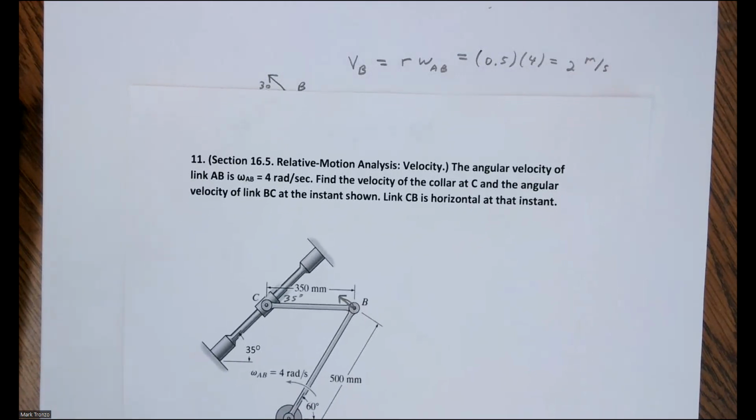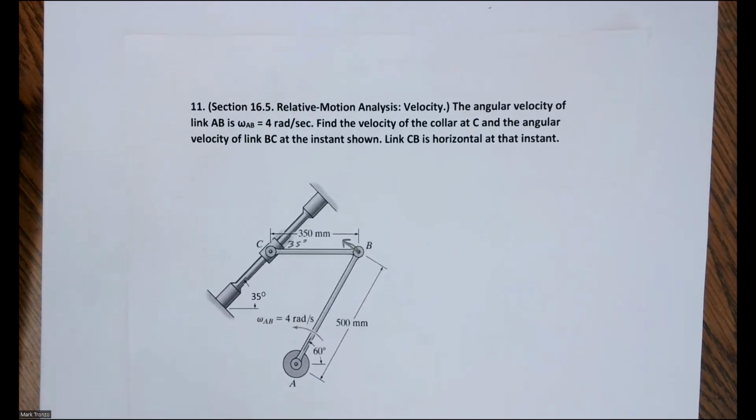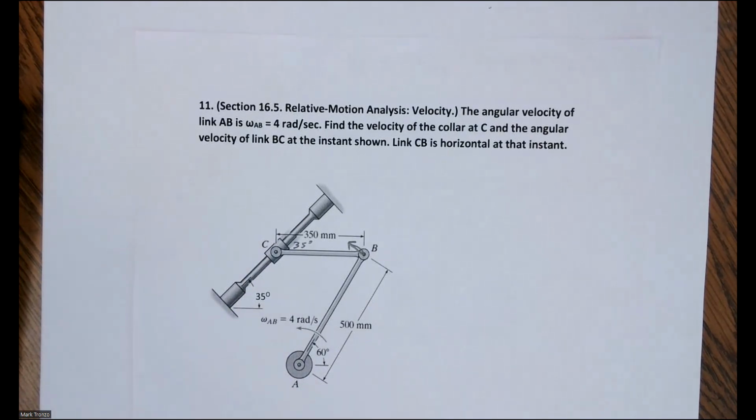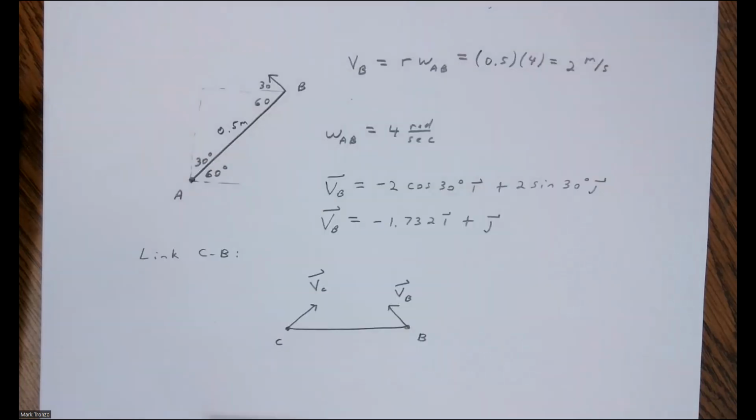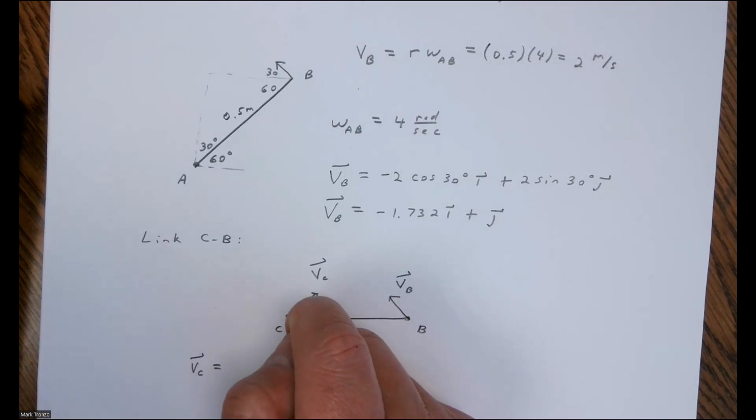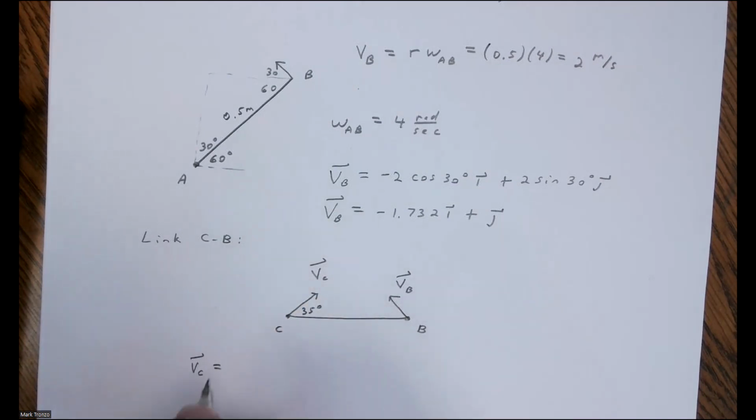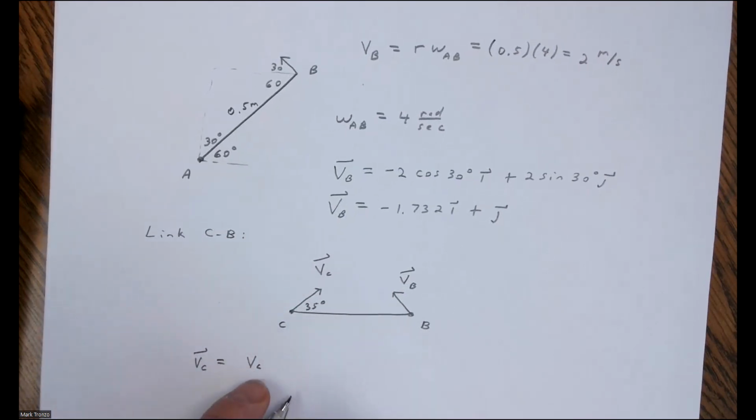Now we don't know what the velocity of C is, but since we know the direction, we can give some description of it. So we can say VC, again, this is 35 degrees. So whatever this number is, it's going to be some scalar value of the velocity times, again, the x direction will be cosine 35.